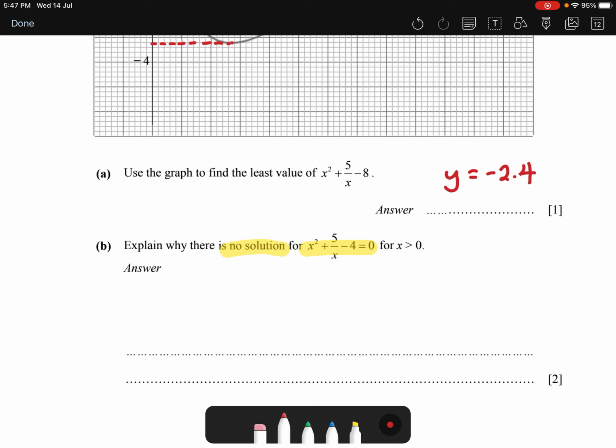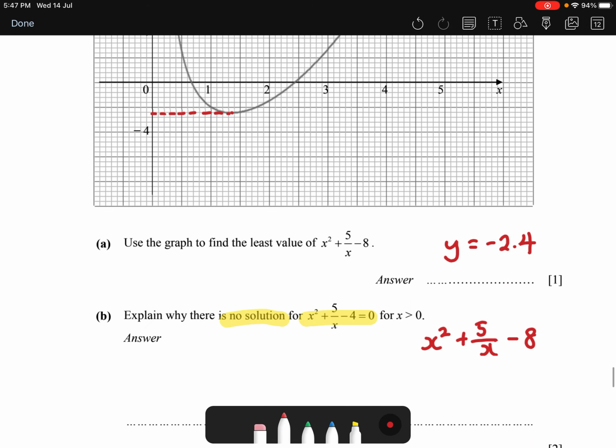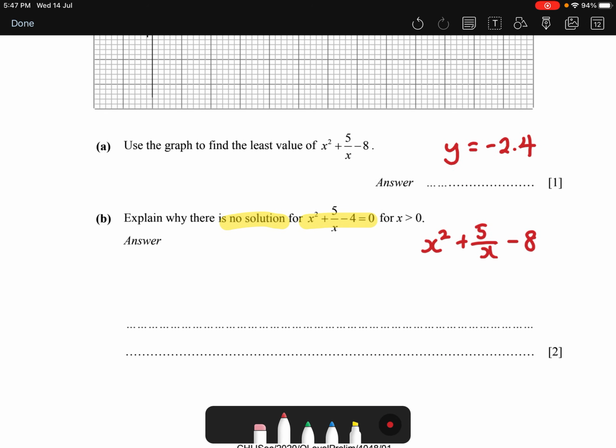So we must get back the graph that is given to us just now, which is x squared plus 5 over x minus 8. How do I get back from the equation like this? Remember, always get back your graph number 1.